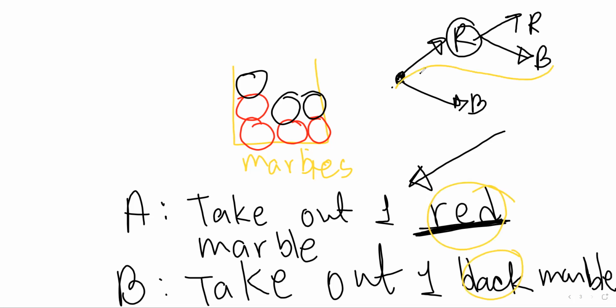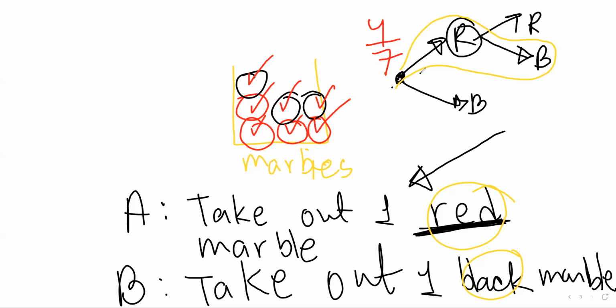So this is our path, right? Initially, when I'm going to take my first marble from the box, how many marbles do we have in total? 1, 2, 3, 4, 5, 6, 7, right? So its denominator is 7, and how many red marbles do we have? 4. So the probability is 4 over 7 of getting a red marble in the first attempt.